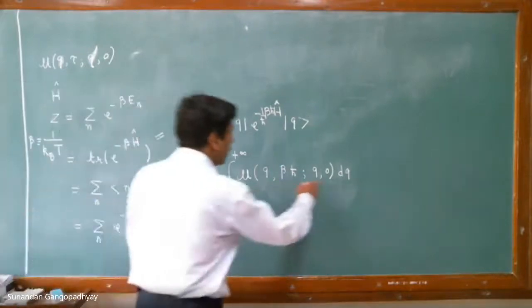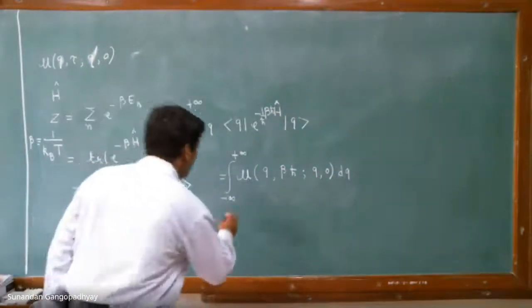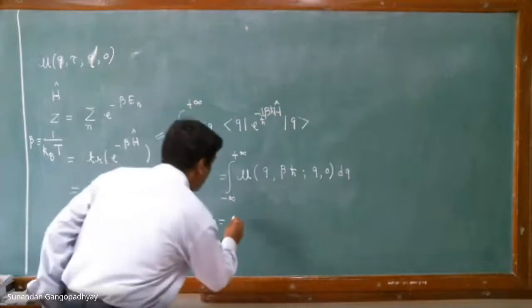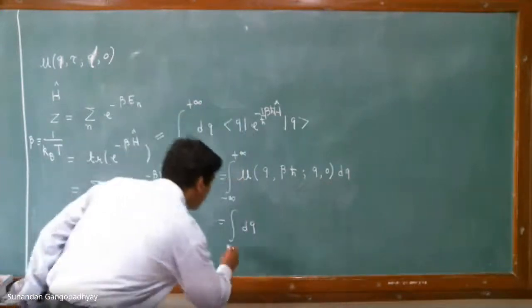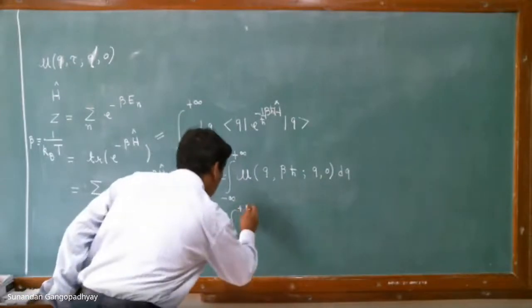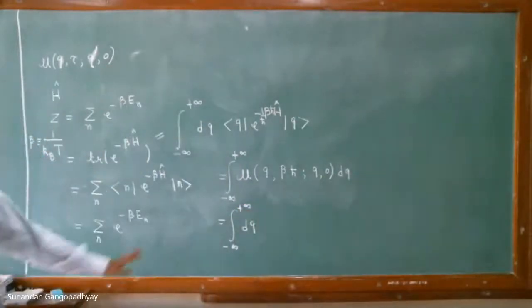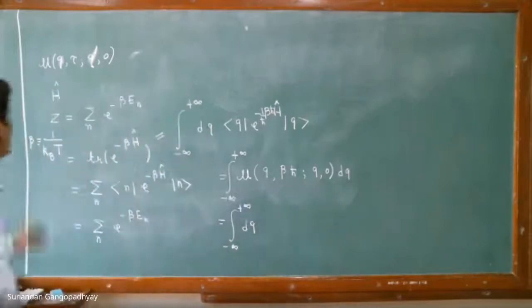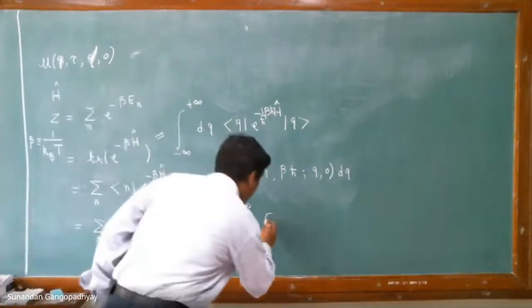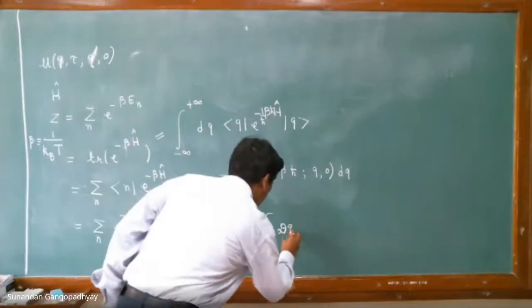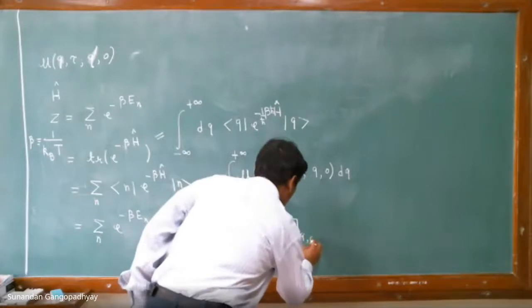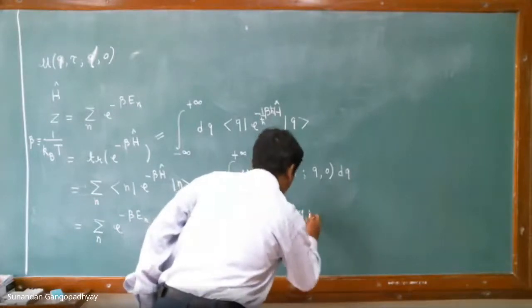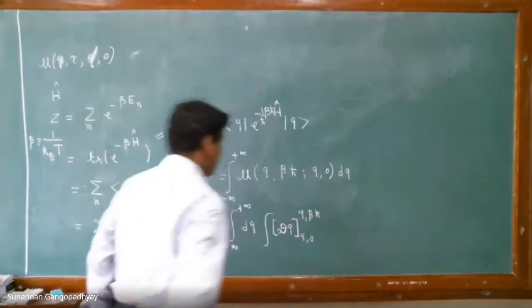So this object we have actually calculated in some earlier lecture, and we have encountered it once more. But we know that this has a path integral representation, and therefore you can write this down as follows. This integral is an ordinary integral from minus infinity to plus infinity, but this is the propagator, and we have already written down a path integral representation for the propagator, and this will be dq, q0 to q beta h bar.